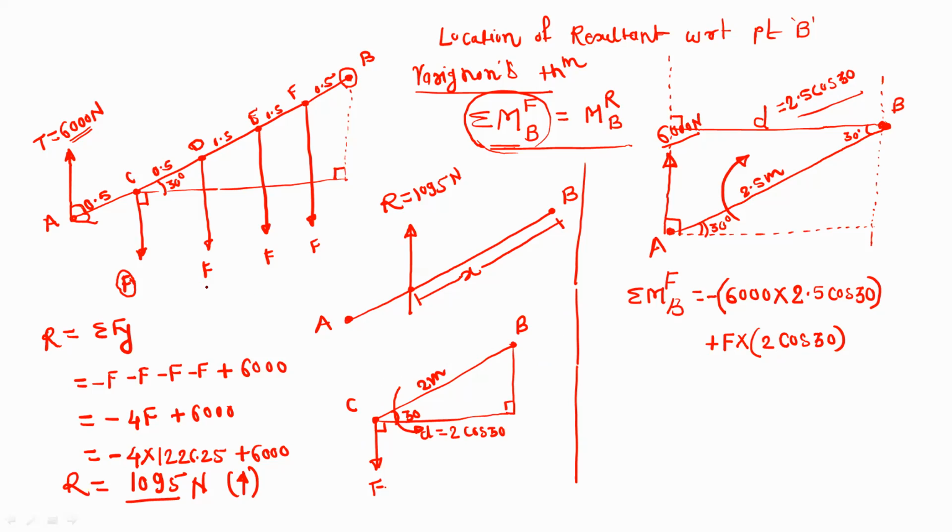So similarly, take the moment by the remaining forces, and all these moments are positive. So F into 1.5 cos 30, plus F into, now at point E the distance will be 1 meter, so 1 cos 30 or only cos 30, plus F into, at point F the distance is 0.5, so 0.5 cos 30.